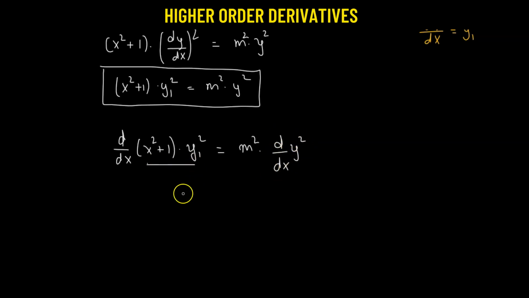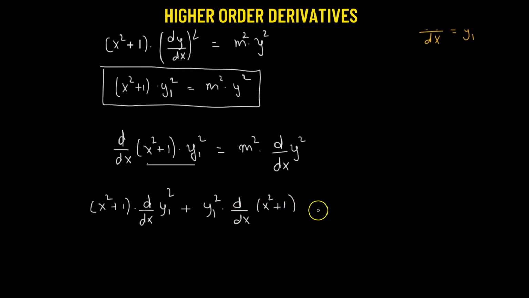Fine. So here we'll have to use the product rule. So we have x squared plus 1 multiplied to the derivative with respect to x of y1 squared, plus y1 squared multiplied to the derivative with respect to x of x squared plus 1, which will be equals to m squared times, we have the derivative of y squared, which is simply 2y times the derivative of y with respect to x.